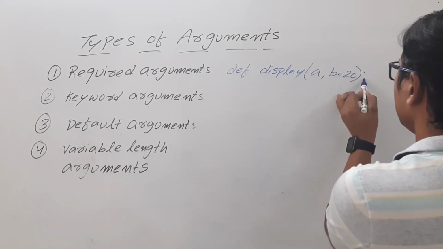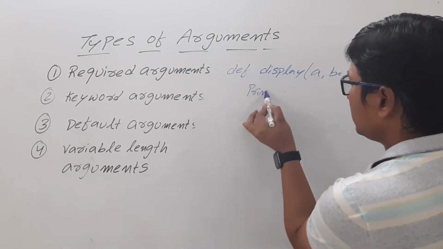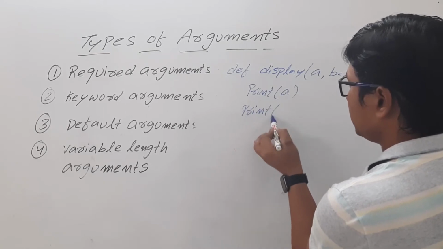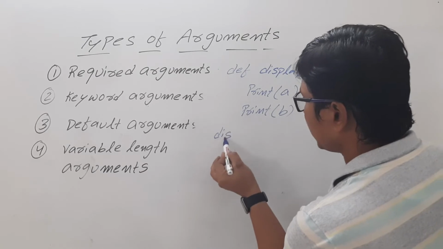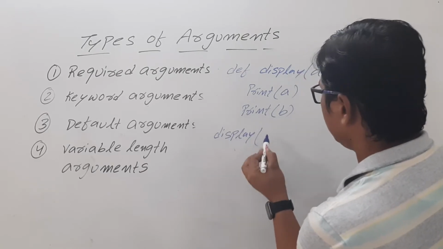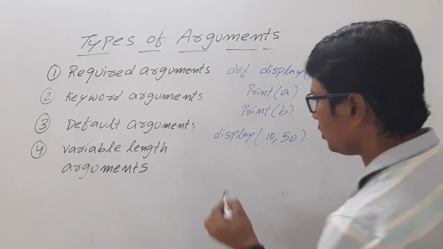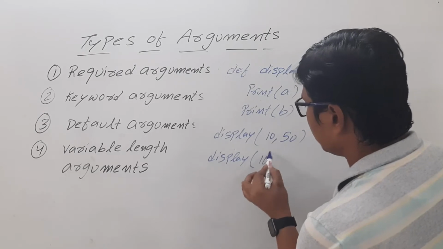Now look here. Print A, then print B. Now I am calling the display function twice. Display 10 comma 50, this is one time I am calling. And then display, I am calling only 10.